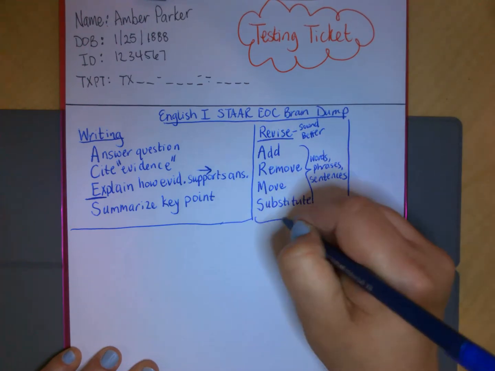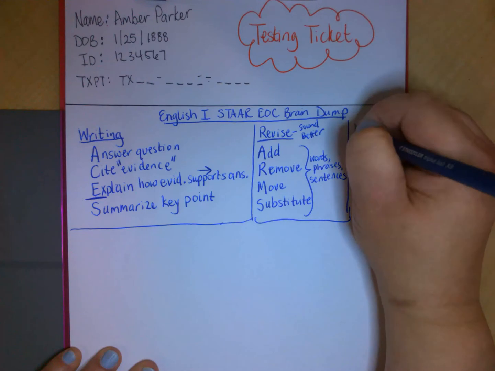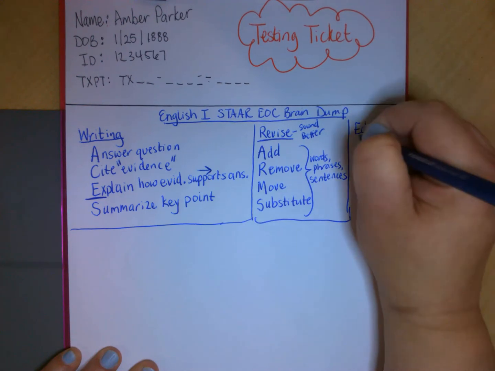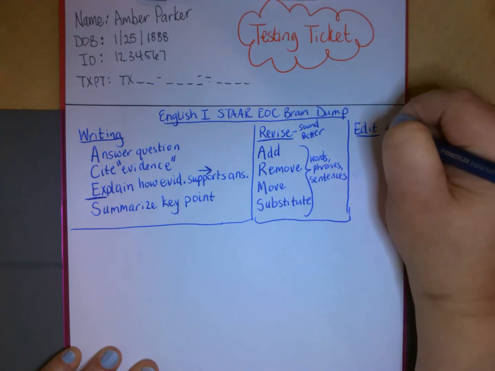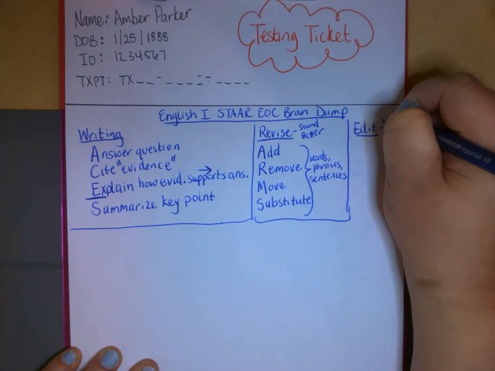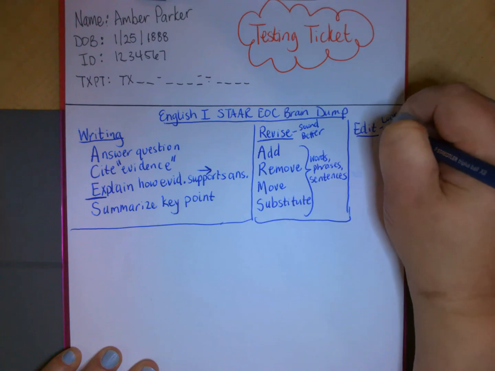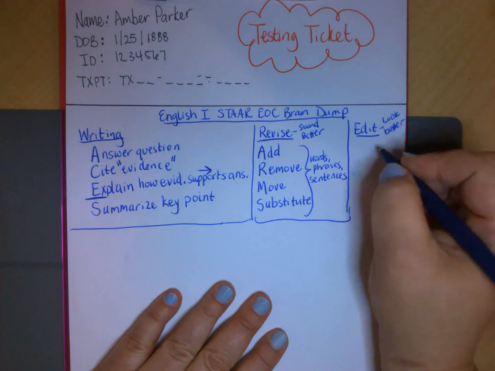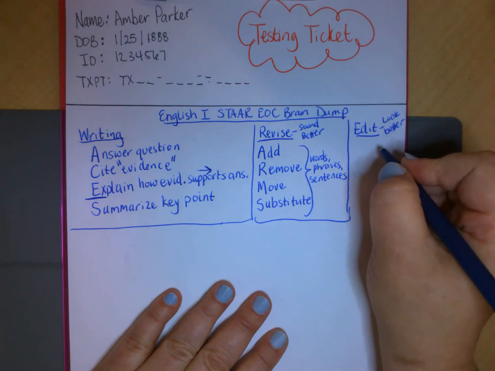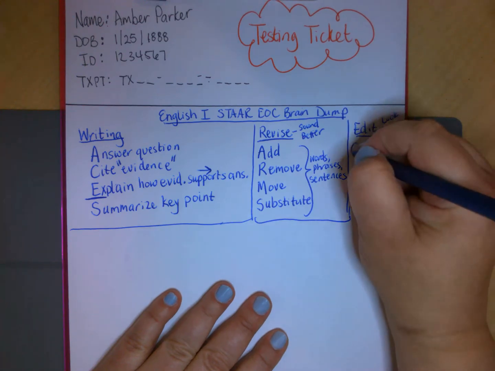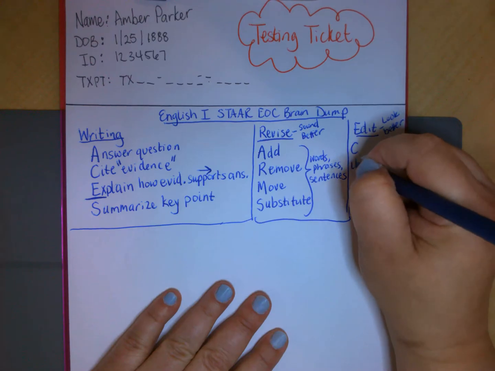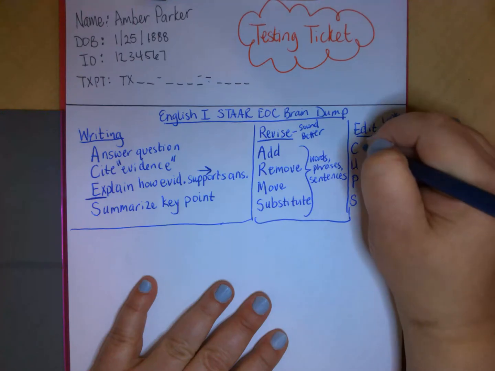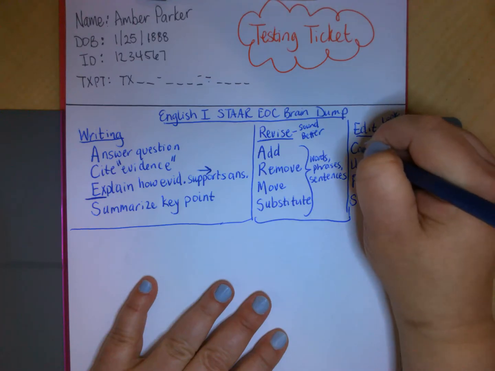Now, we will also have some editing sections. When we are editing, we are making our writing look better. And my mnemonic device for remembering how to edit is CUPS, C-U-P-S. The C is for capitalization.